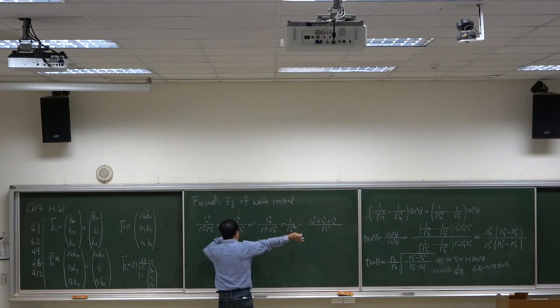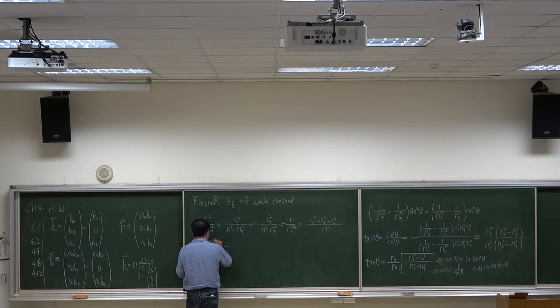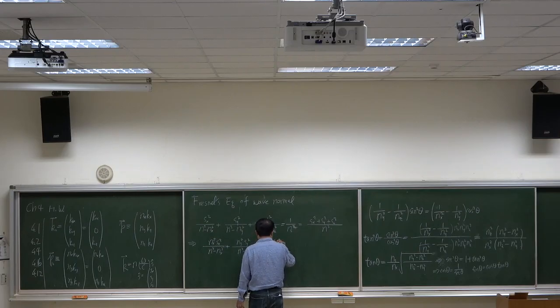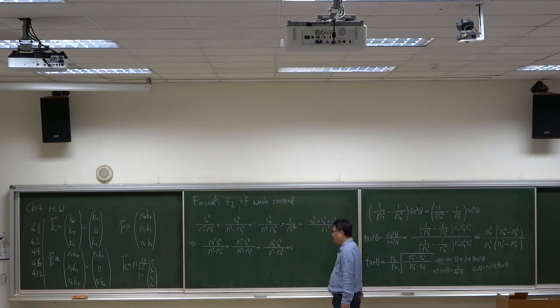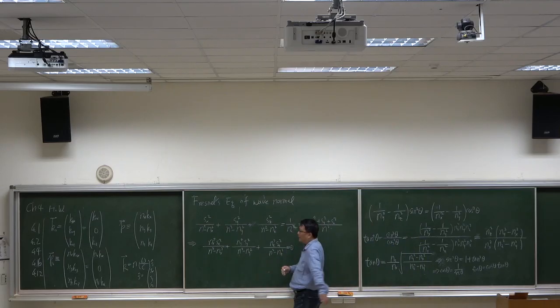And I have already shown that this equation can be rewritten in another form. We use this factor and do some algebra, then finally we see that this equation can be rewritten as this one. Okay, so Fresnel's equation of wave normal can now be changed into this form.